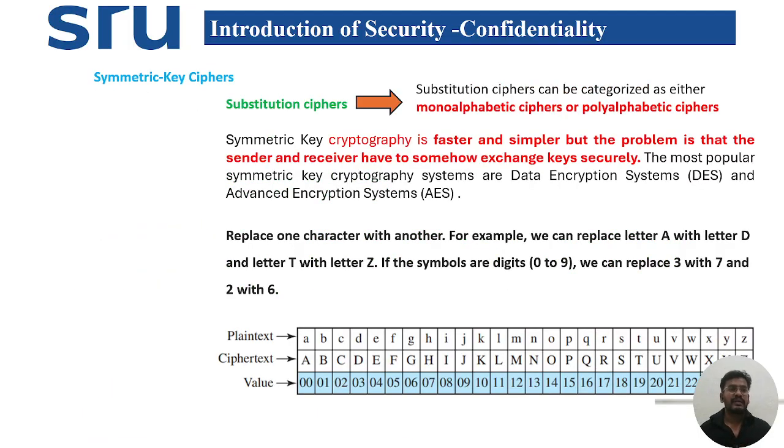Then next we will discuss the symmetric key ciphers. In symmetric key ciphers, we have subsections like substitution ciphers, which can be categorized as either monoalphabetic ciphers or polyalphabetic ciphers.